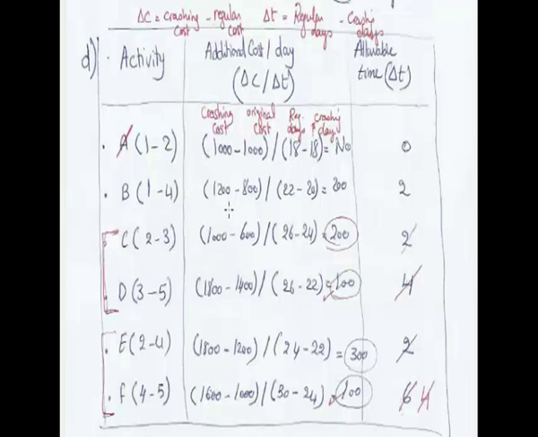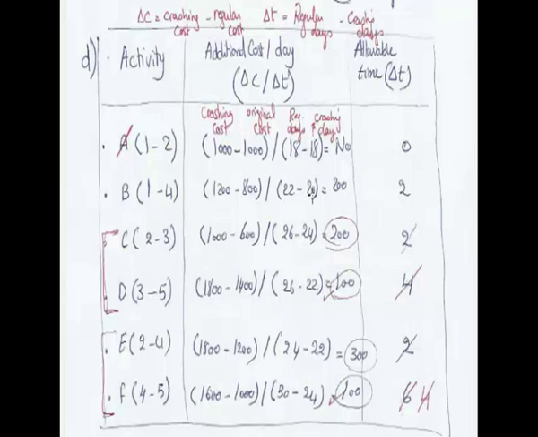In activity B, it equals 1200 minus 800 divided by 22 days minus 20 days, which equals 200. Activity C, the additional cost divided by the days equals 200, D equals 100, E equals 300, and F equals 100. The allowable time for A equals 0 because 18 minus 18 equals 0.